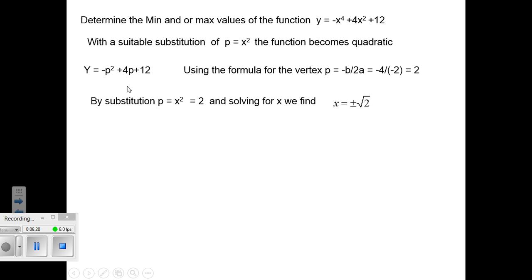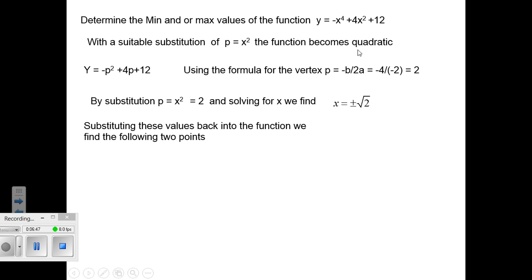But remembering that is the x coordinate of the vertex, since p was in for x squared, then we have to say that the x coordinate is going to be both positive and negative root 2, going by back substitution.